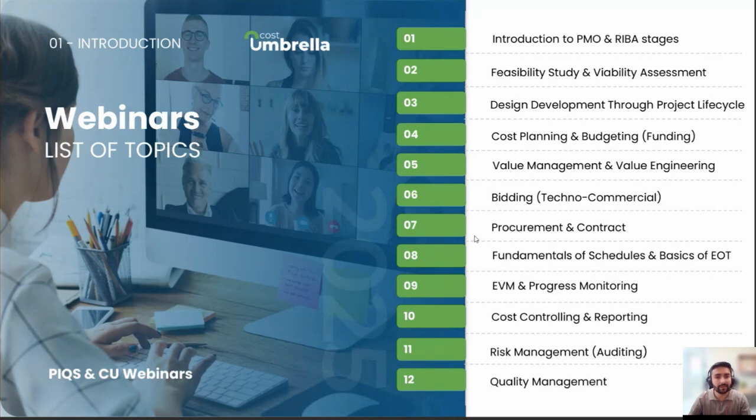Then we have value management and value engineering, cost planning and budgeting. Then we have procurement and contracts. After that, we have fundamentals of schedules and basics of EOT. Next, we have EVM and progress monitoring. Then we have cost controlling and reporting, and risk management auditing. Last, we have quality management.